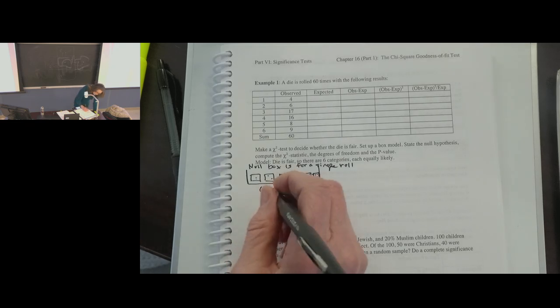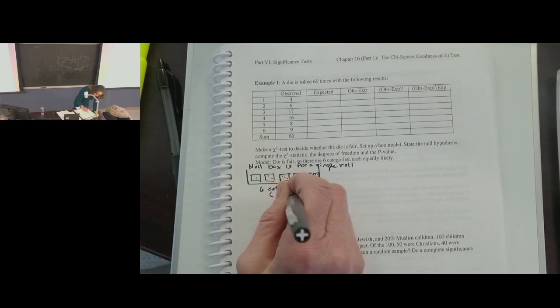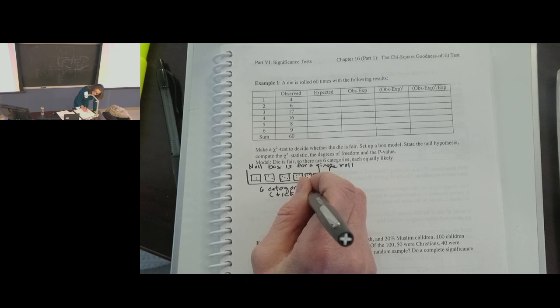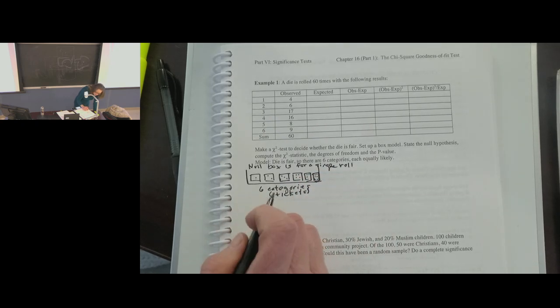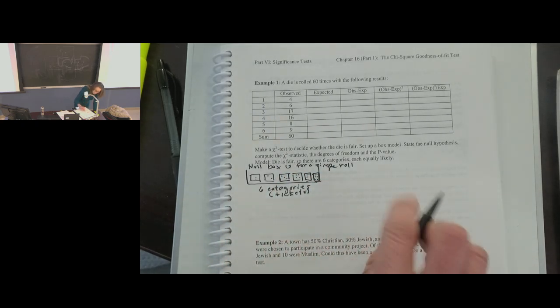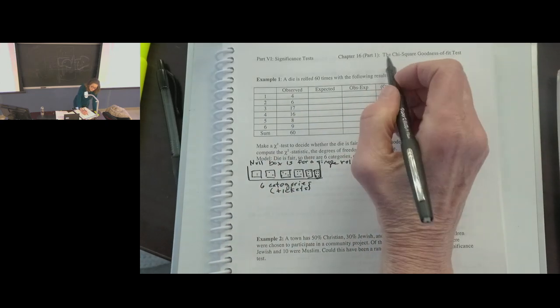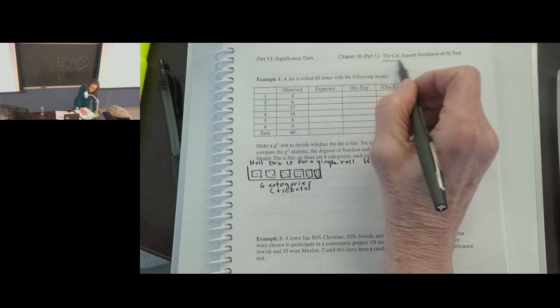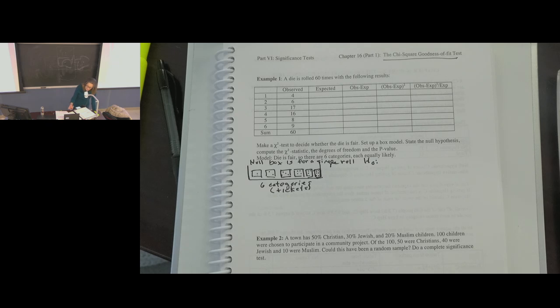So there's 6 tickets, right? And what are we going to do? We're going to draw randomly from here. First of all, our null. What's our null? Our null, H naught, is that the die is fair. That our observed data fits this model good. It's a goodness of fit test. Fits this model well.